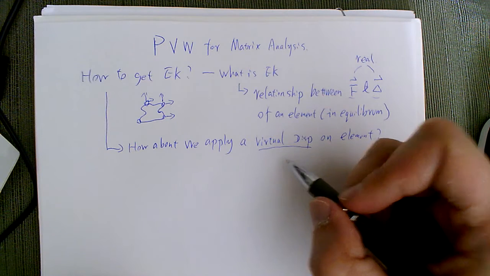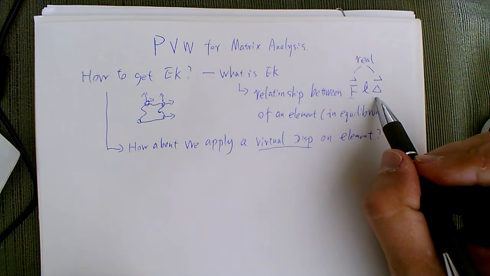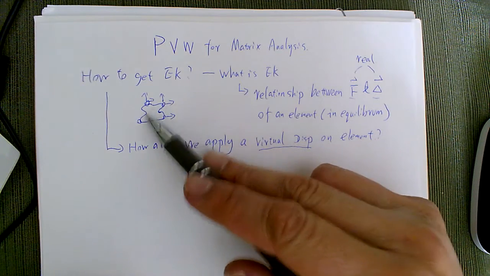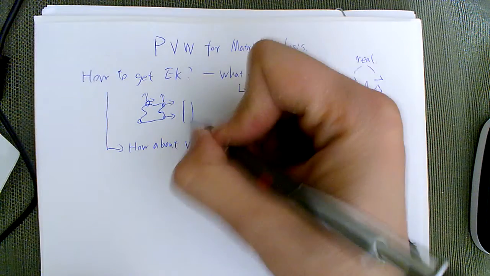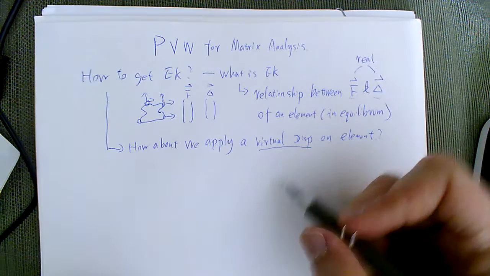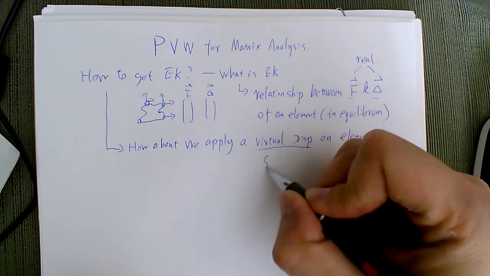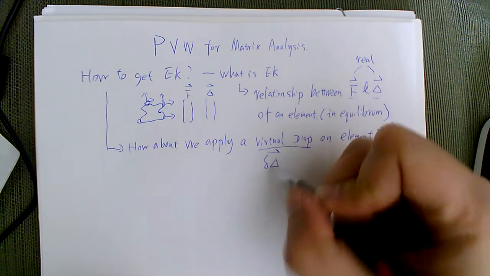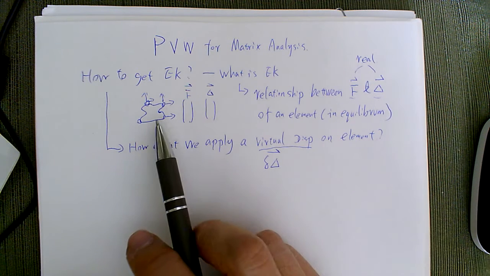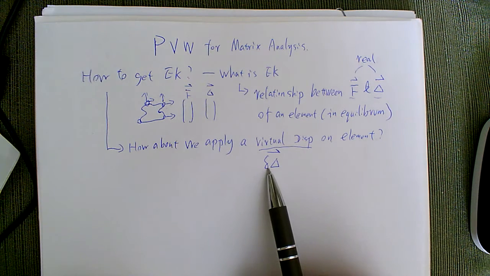In fact, if your real displacement for an element is being discretized in each node as an F vector and then a delta vector, the virtual displacement is simply a delta. So it is a vector that encompasses all your degrees of freedom, and it's virtual, and it can be anything.